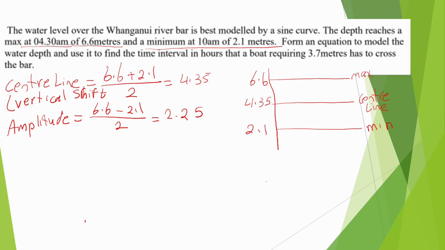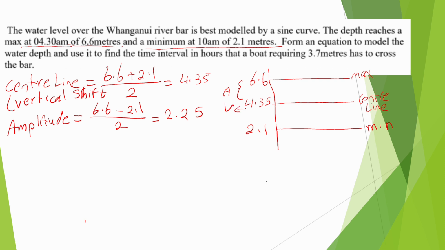To double check your working, 6.6 minus the midline, 4.35, should give me the amplitude, which is 2.25. And if you do 2.1 minus 4.35, it gives you the amplitude as well. So this one here is the amplitude, and this number here is the vertical shift.